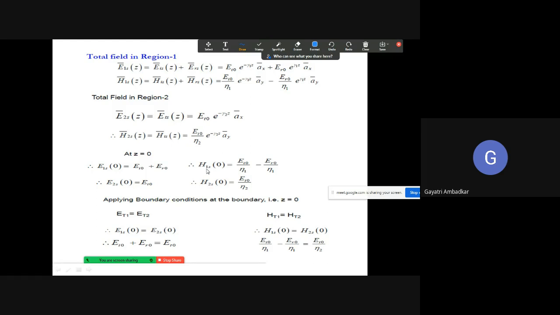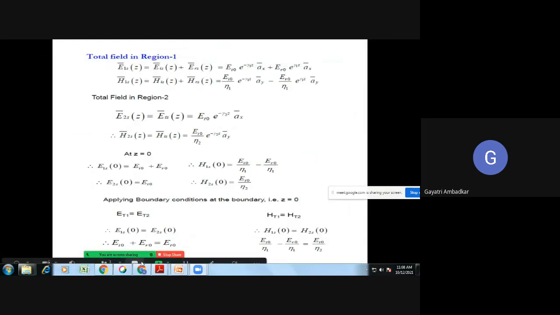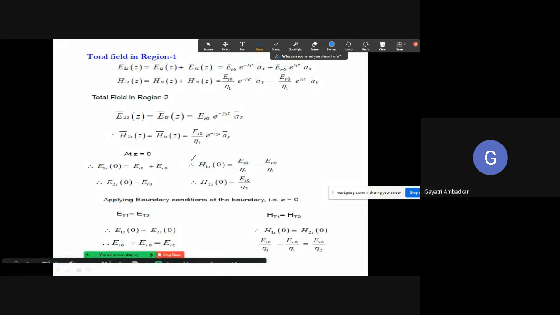This is in region 1 and this is in region 2. Ht1 was H1s in region 1, and H2s was this. So we will equate both equations, this one and this one.